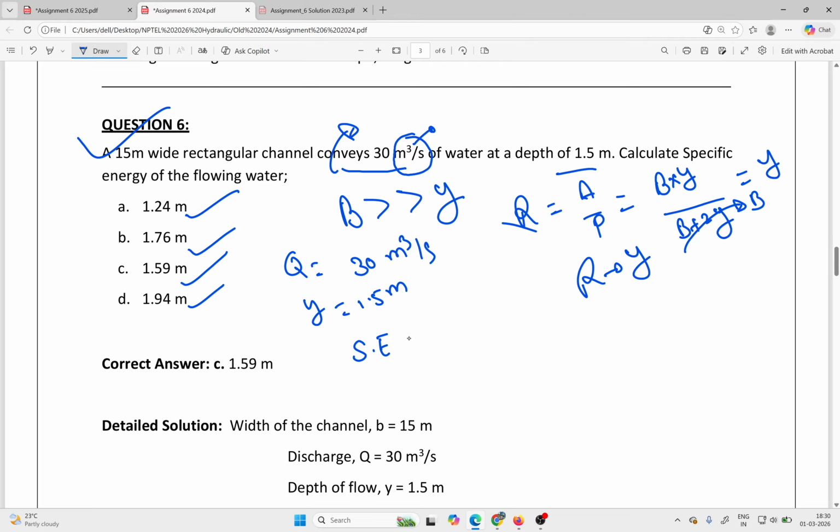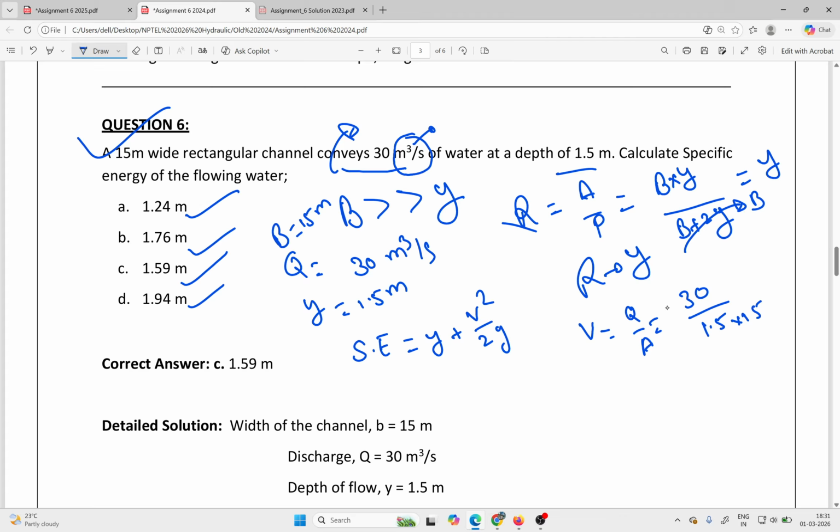Specific energy is y plus v square by 2g, and B is given as 15 meter. For v, it is discharge by area. Discharge is 30, and area is 1.5 into 15.